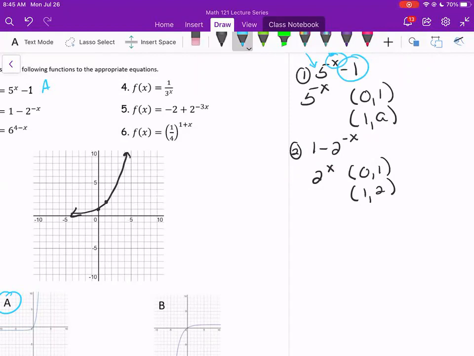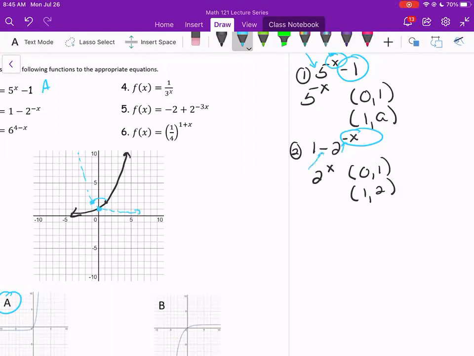Again, we begin with the exponent. There's no plus or minus a value, so there's no left or right shift. We can then notice that there is going to be a y-axis reflection because of the negative here. So we continue to go through the point (0, 1), but this point reflects across to here. And so our new graph looks something like this.